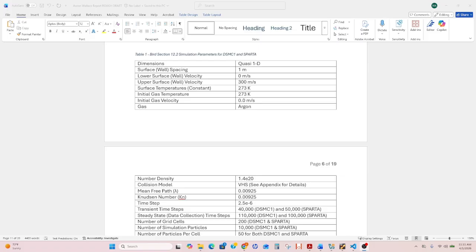So this first one comes from chapter 12.2 of Bird's book, which is, I guess, a fundamental text for the direct simulation Monte Carlo method.